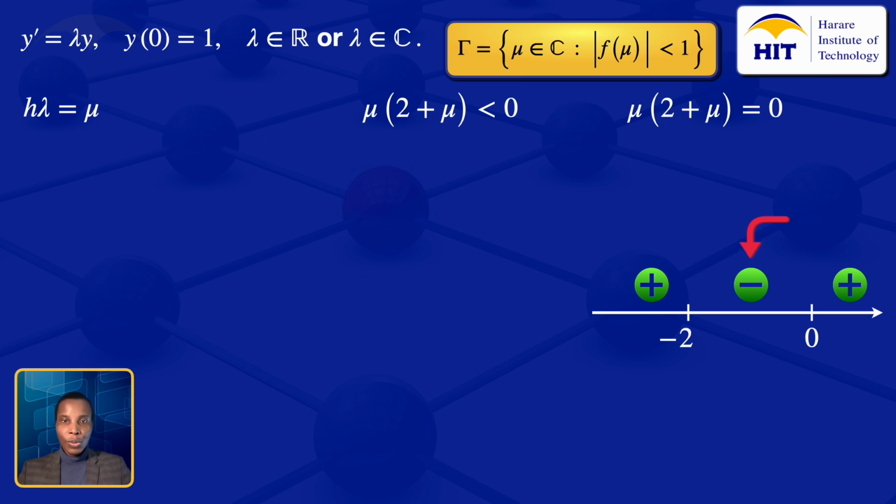So the solution that we are having for that inequality there is mu is between minus 2 and 0. We can write that as an interval, minus 2 to 0. So the region of absolute stability for the second order Runge Kutta method for the particular problem is minus 2 to 0.